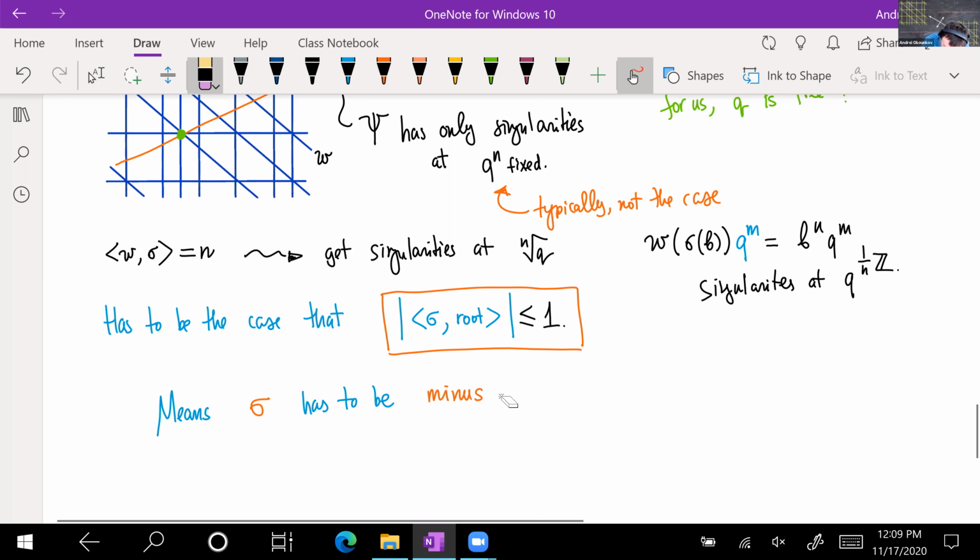By definition, a minuscule co-character is one that pairs with every root at most 1.